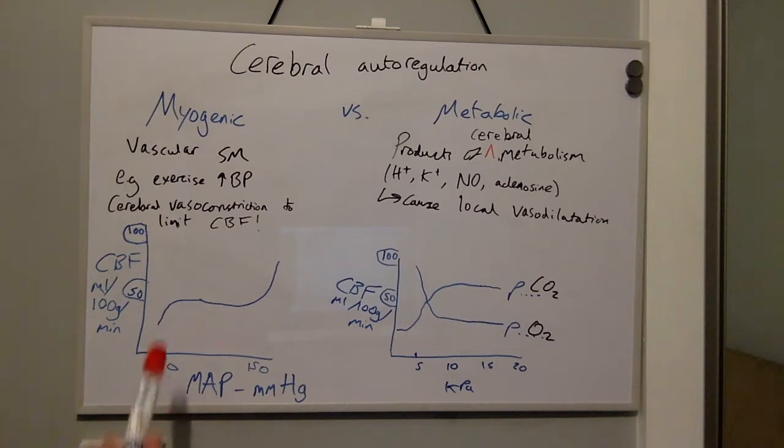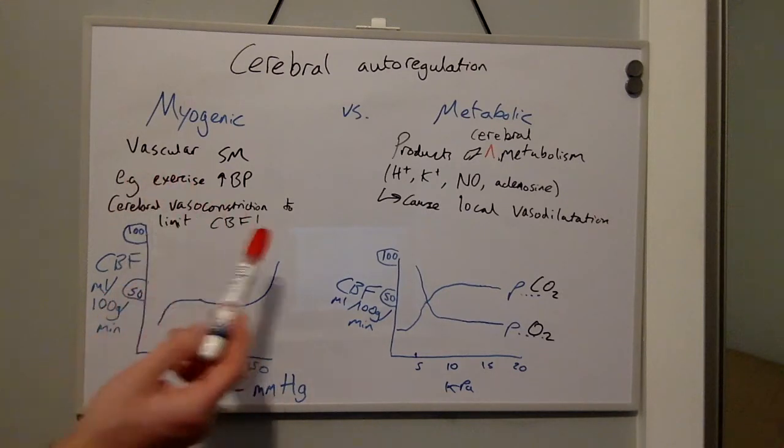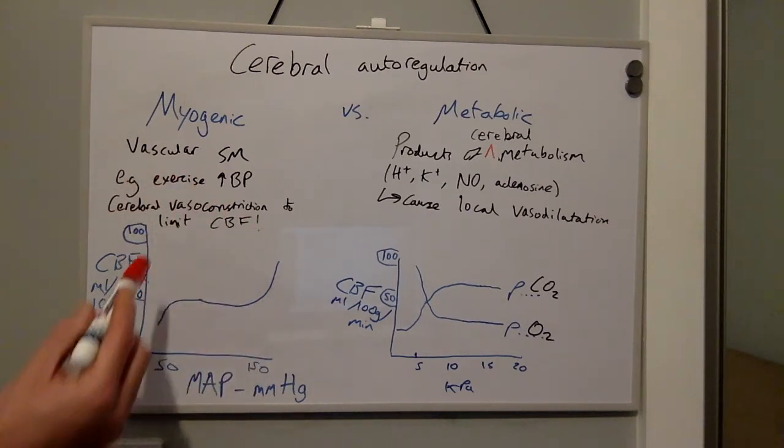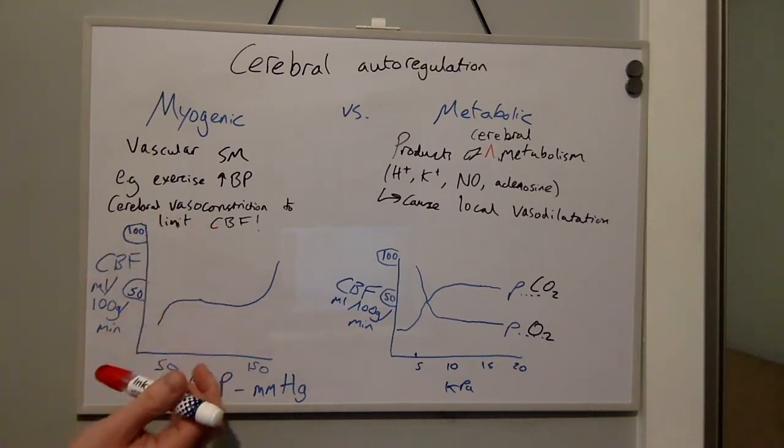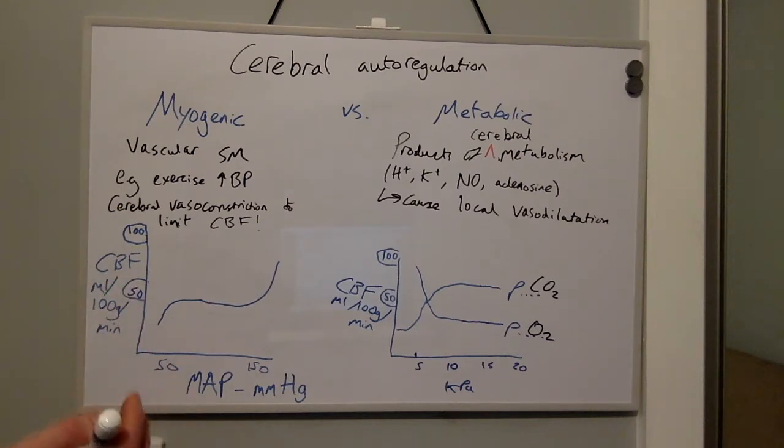So, for example, in exercise, when we have a raise in blood pressure, there's cerebral vasoconstriction in order to limit the cerebral blood flow. In comparison, when we have hypotension within the body, there will be cerebral vasodilatation to increase cerebral blood flow.